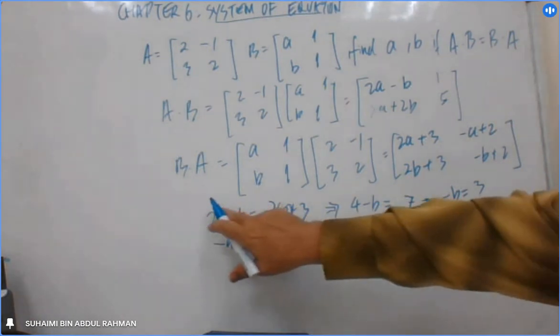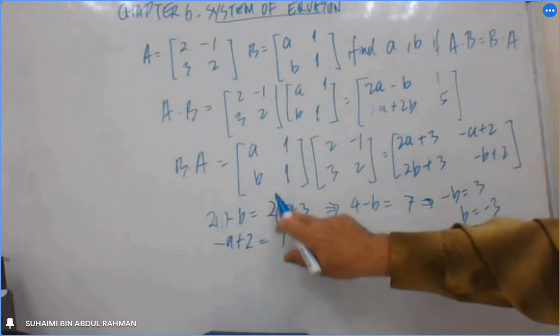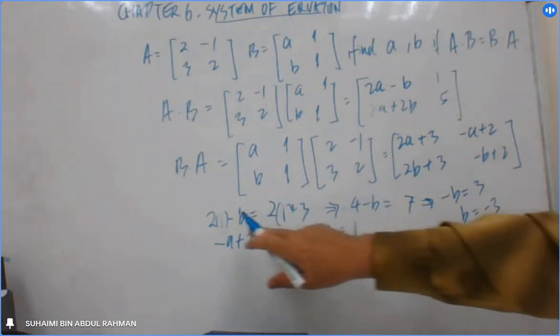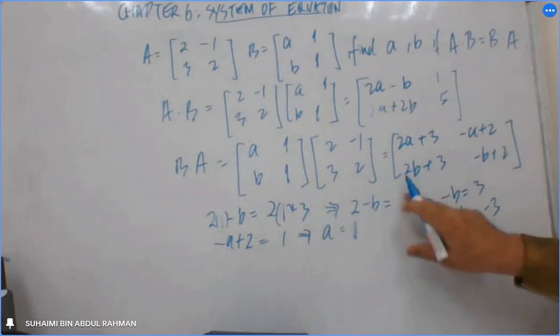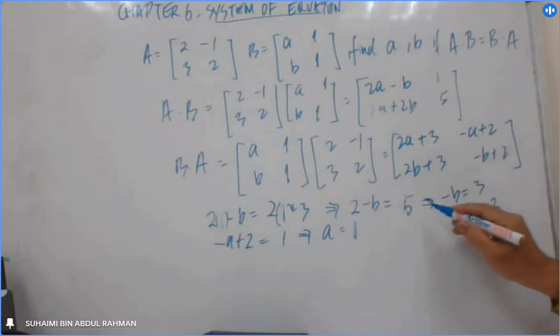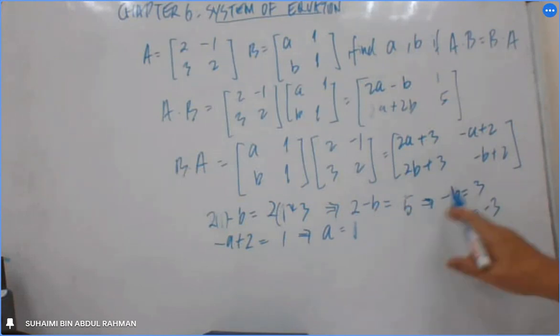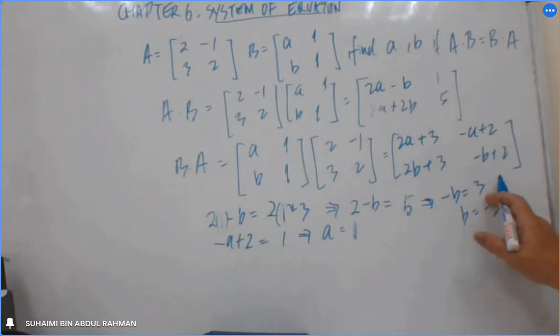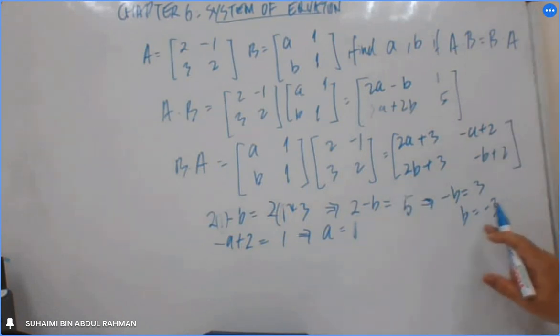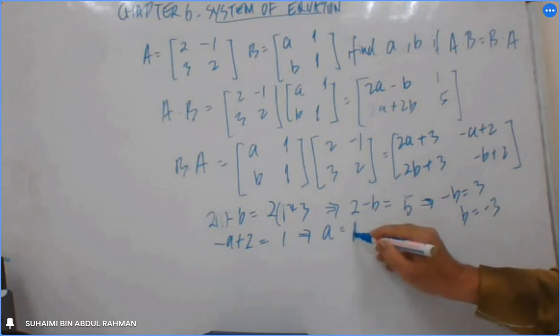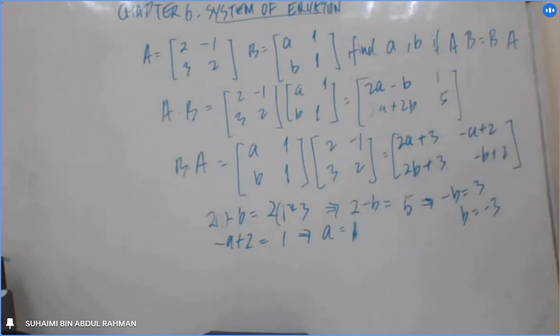Then 2 minus B equals 5, so minus B equals 3, and B equals minus 3 as well. But A equals 1, not 2. Sorry about that. We substitute A equals 1 to find the value of B.